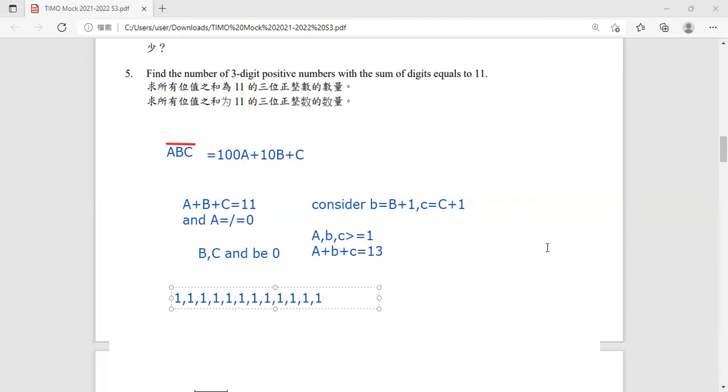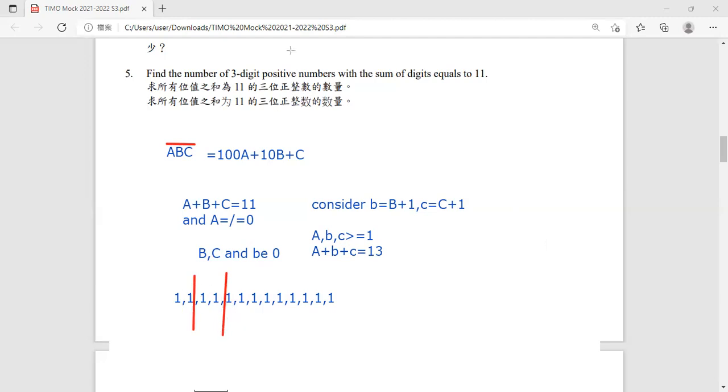You have to split these 13 ones into 3 parts, so you have to put 2 stacks in the 13 ones.